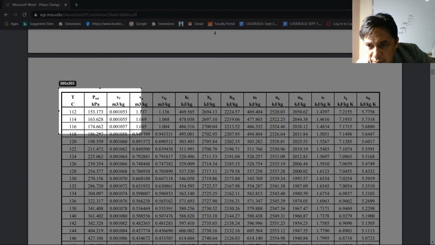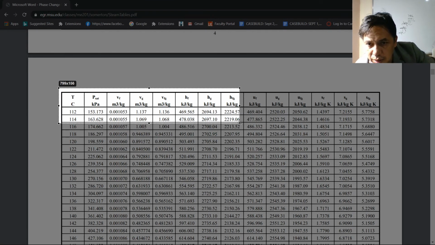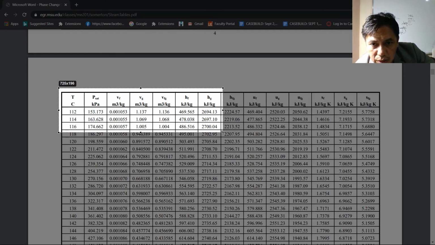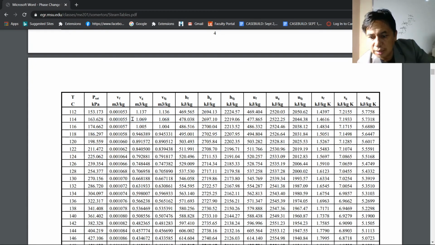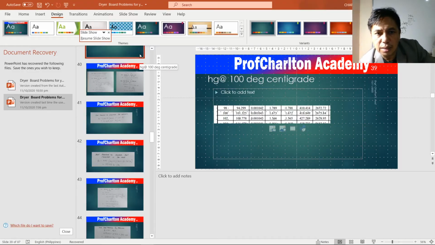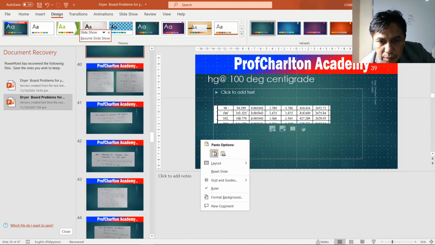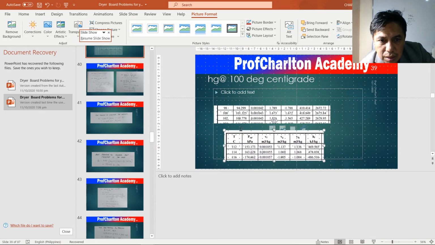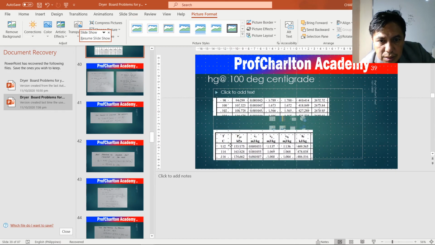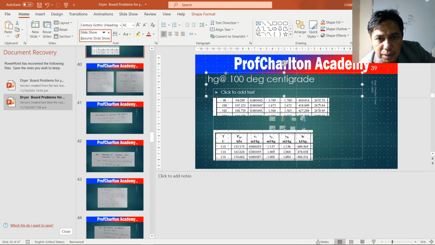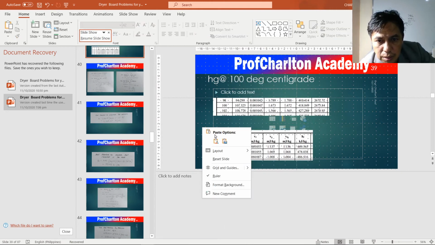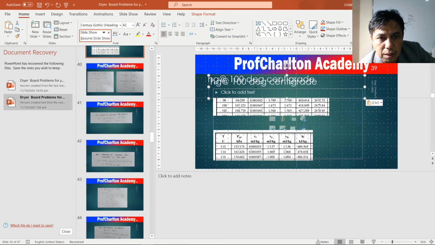So here, let me capture this whole thing because it's 115. So enthalpy of fluid, right? Then let me paste that here. Let me put this one. Then we'll just copy this, and then we'll change something.